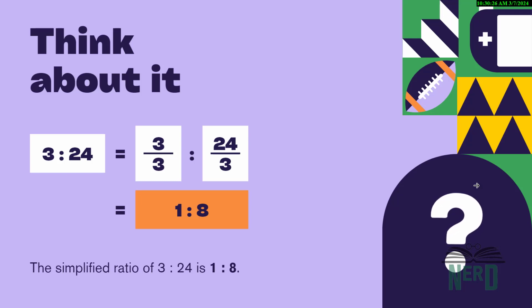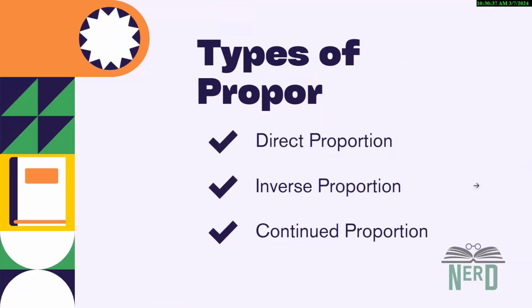If we divide by 3, we'll get what? 1:8. So it is our answer. This way you can simplify your ratio. In a later session we'll solve some problems that they have asked in NET, and also talk about different kinds of digits and numbers with which we can find the answer.